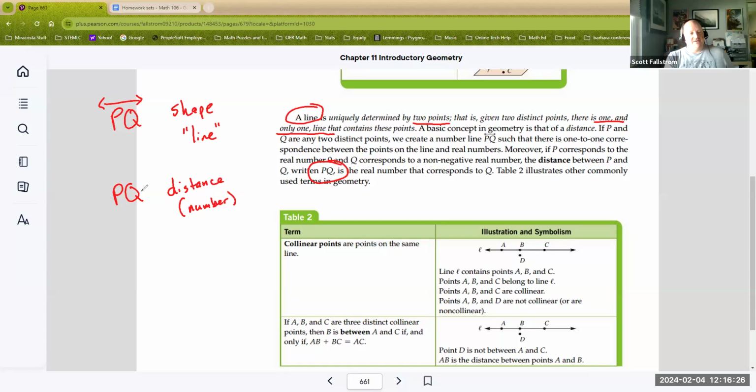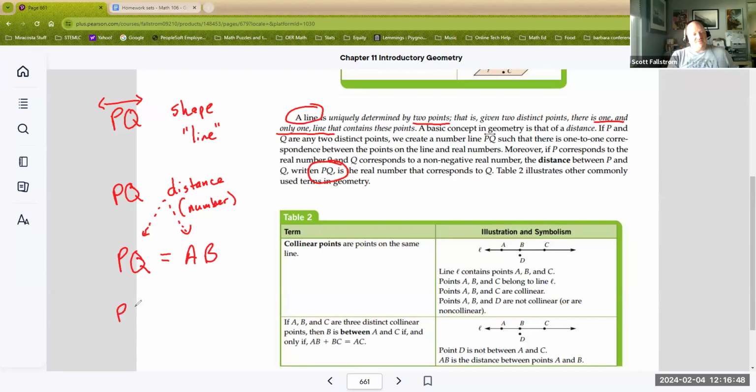So if you said, take a look at this line, we would tend to write the distance from P to Q could be equal to the distance from A to B. This, as you can see, because there's nothing on top, is distances. When you put an equal sign between them, it's because they're numbers.